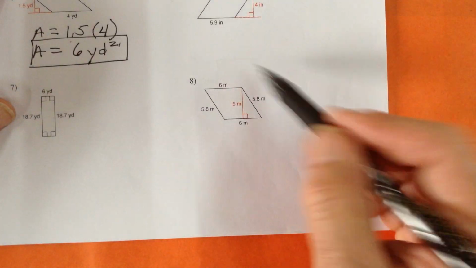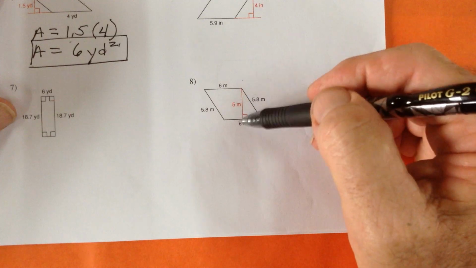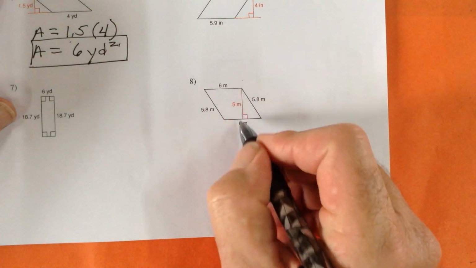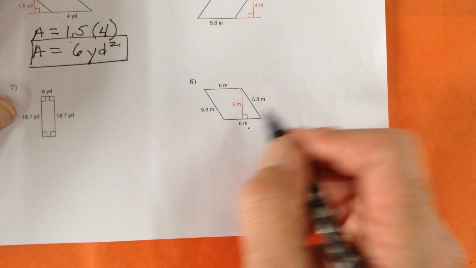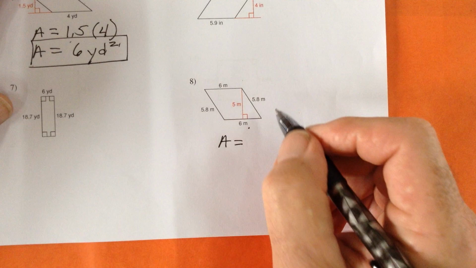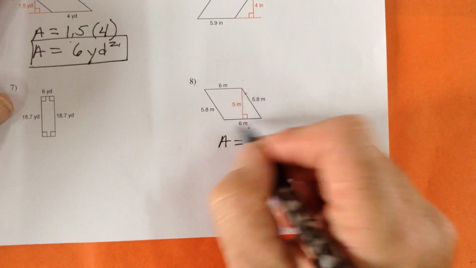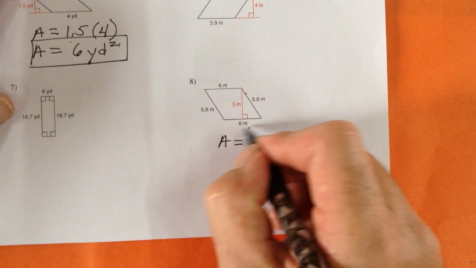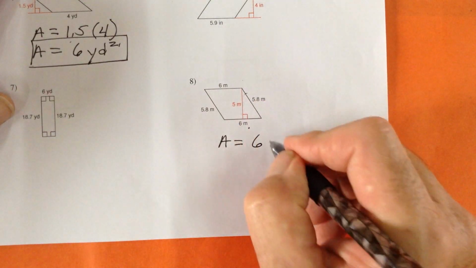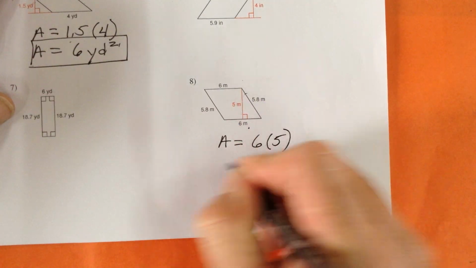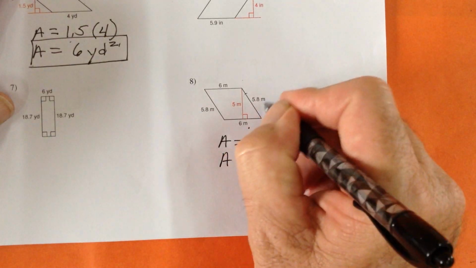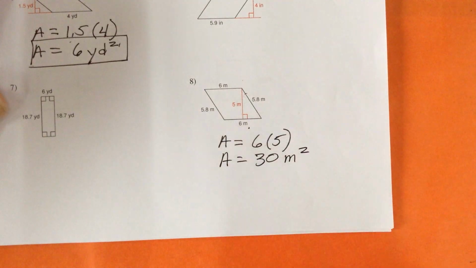They give you the four sides and they give you the height, so I can do the perimeter and the area. To find the area, I go the base times the height, or the height times the base, it doesn't matter which way. The base is 6 and the height is 5, so 6 times 5 is 30, so that'll be 30 square meters.